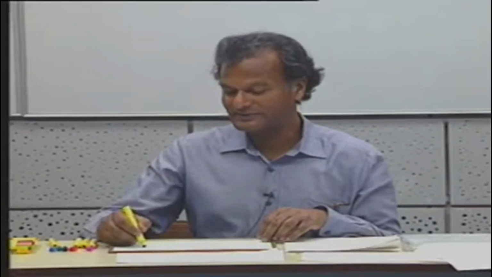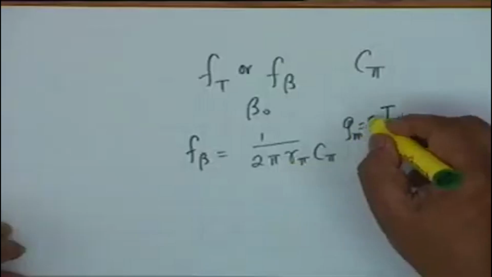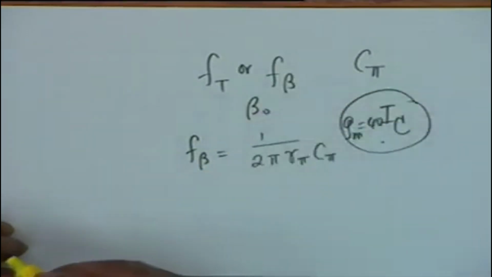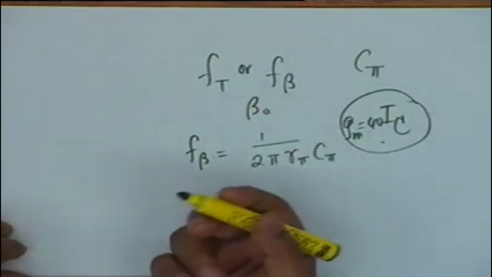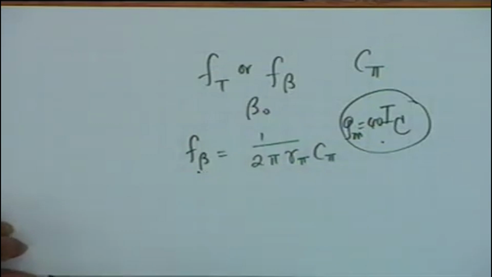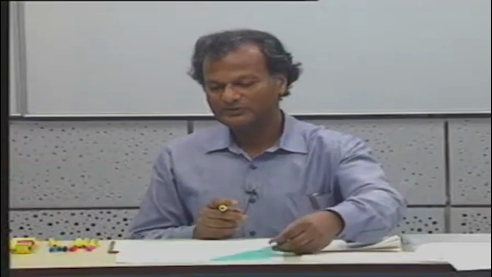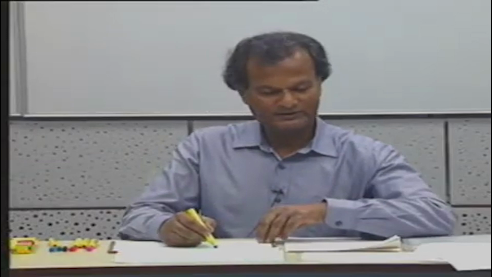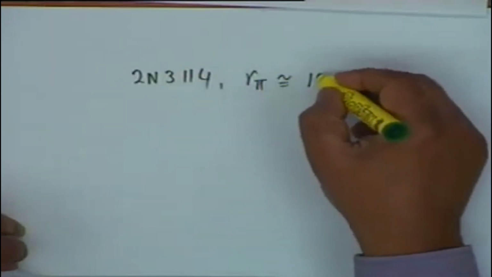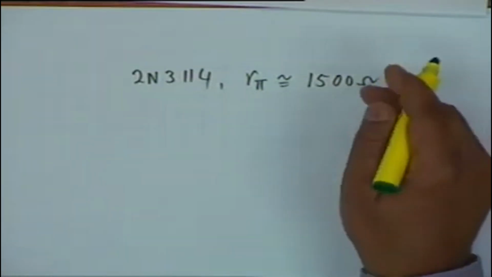If the capital I sub C, the DC collector current, is known, then you find g_m as 40 I_C, and from this and beta 0 you find r pi, and if you know r pi and f_beta, then you know C pi. As an example, for the 2N3114 transistor, the manufacturers have specified that a typical operating point r pi is 1500 ohms.